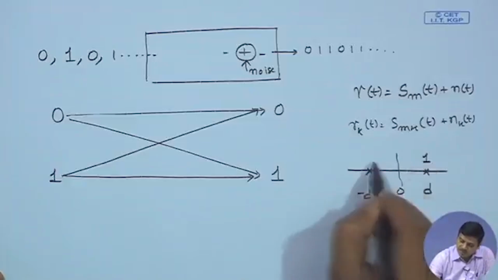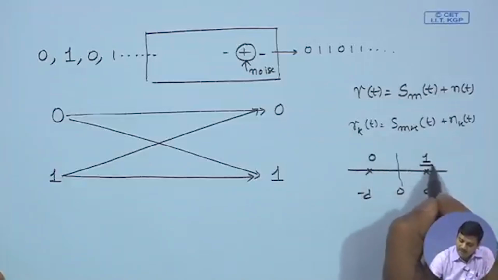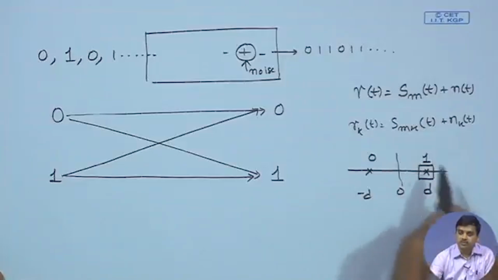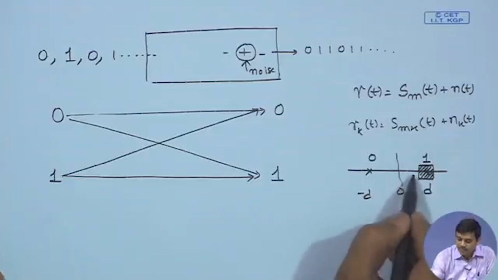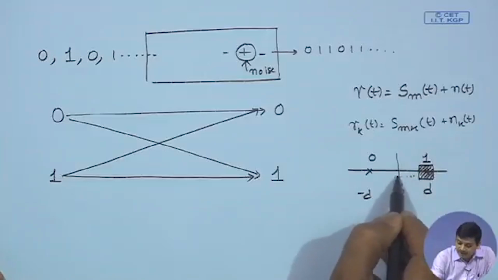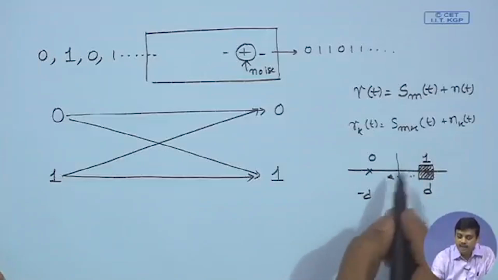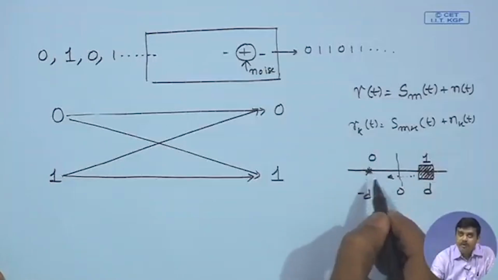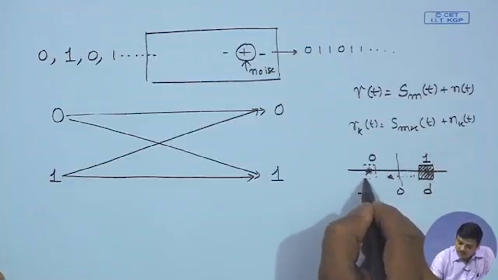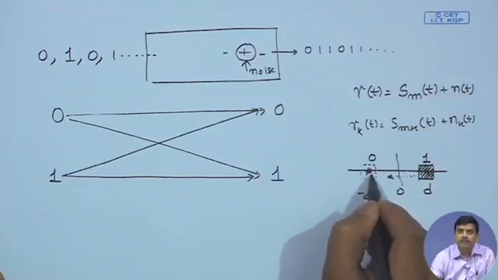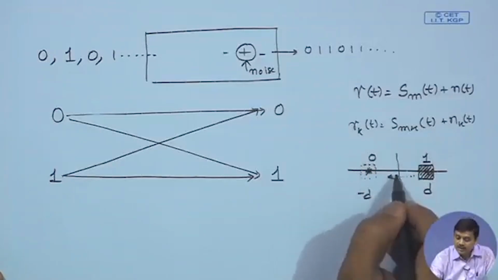Suppose I map this to 1 and this to 0, and we have selected this for transmission. If the noise is strong enough, with a negative value, and it shifts the signal to this side, then the MAP or the ML detector would detect the received signal as possibly minus d, or a 0. In that case an error happens, and this is what we have discussed earlier.